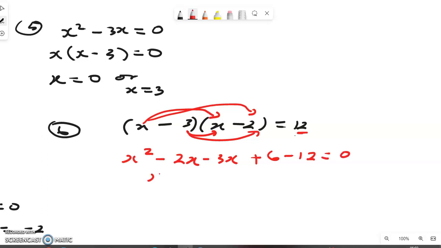Identifying like terms, so this is x squared minus 5x minus 6 is equals to 0.